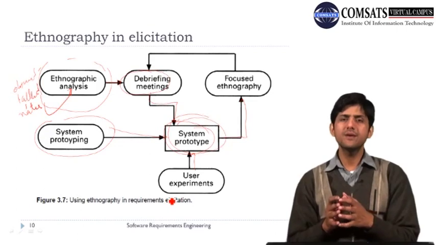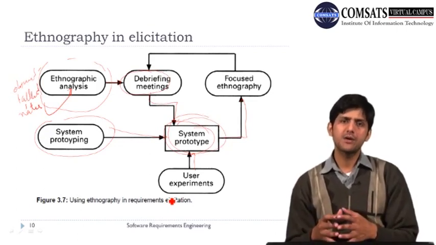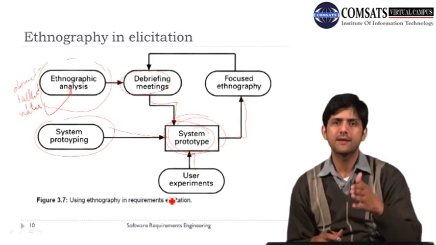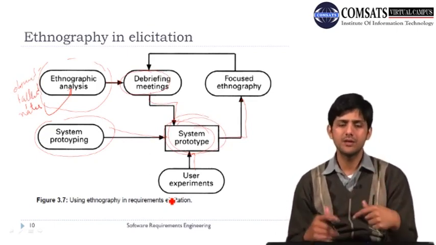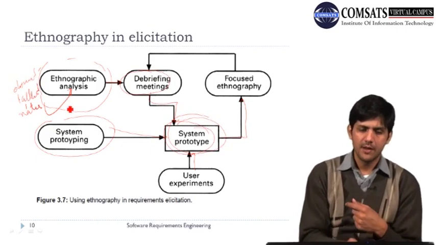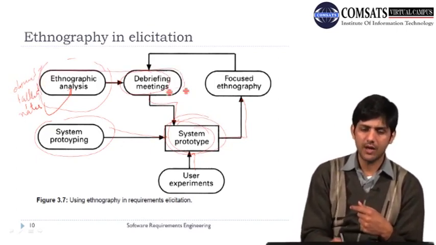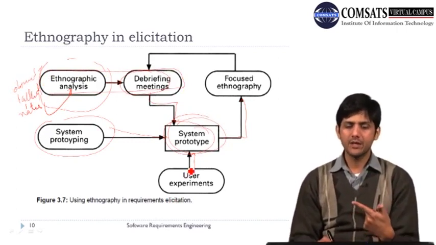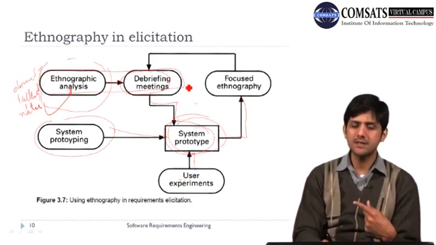So ethnography is really essential, because that is one possible way that ethnography can be included in the overall elicitation process. But these two activities, ethnography analysis and debriefing meeting, are always going to happen. What can happen here is that you start eliciting requirements.